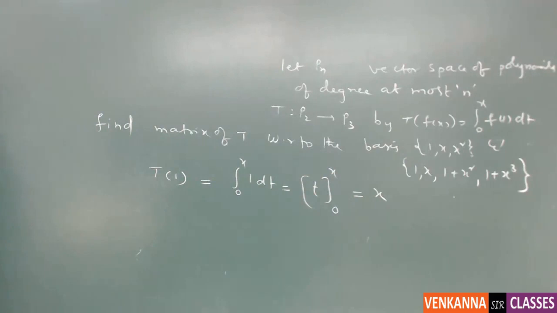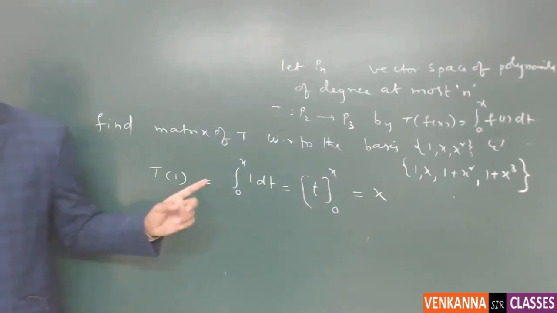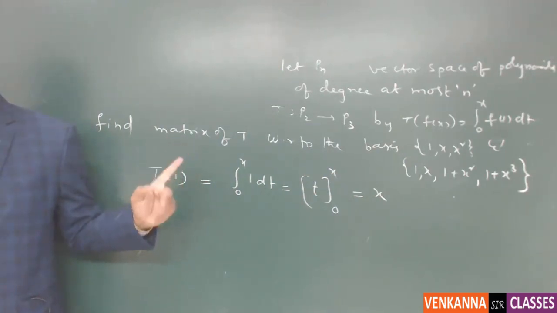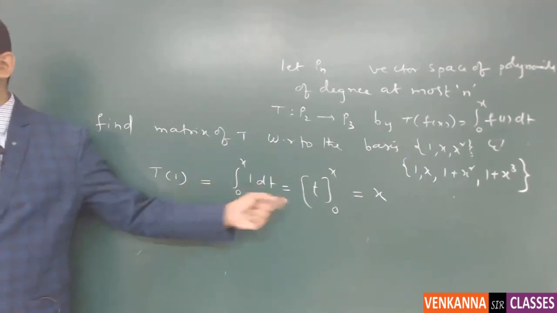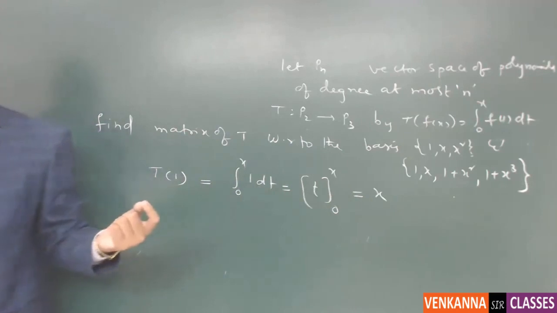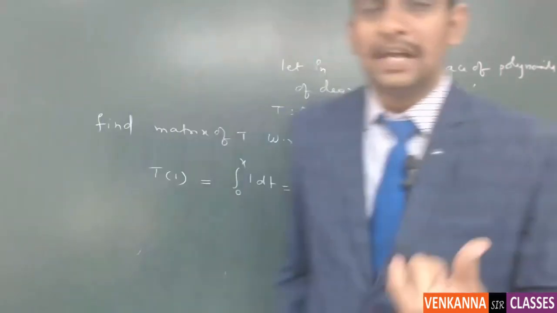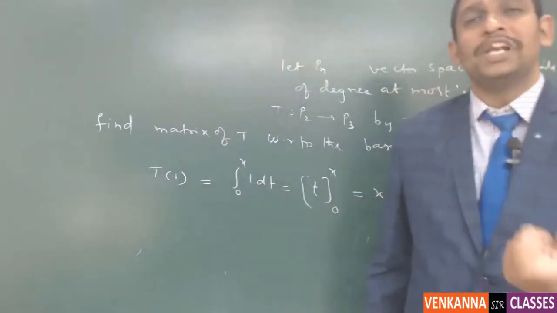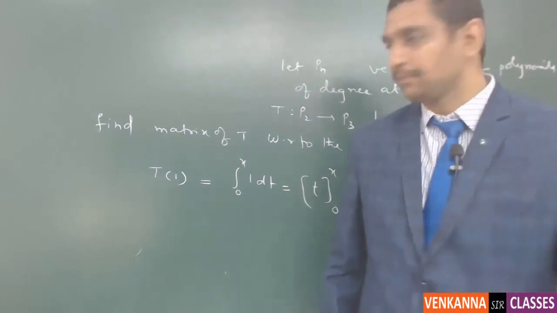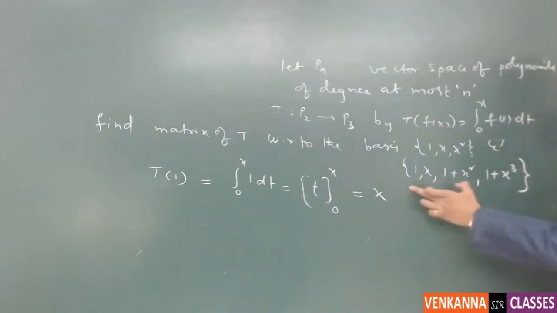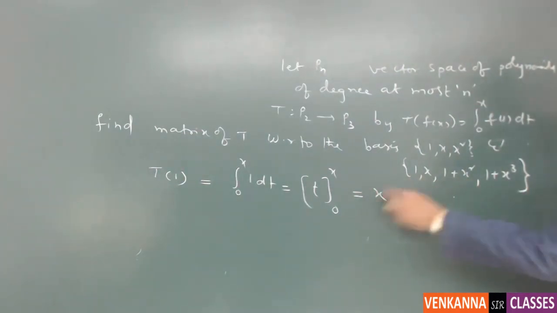Now please understand that I have done 2 steps here. One, I have calculated the image using the part and I have obtained the image. Now in order to write the matrix, we need to get the scalars using the codomain basis. So here this is the codomain basis. So we should write the image using these basis values. So how it comes?